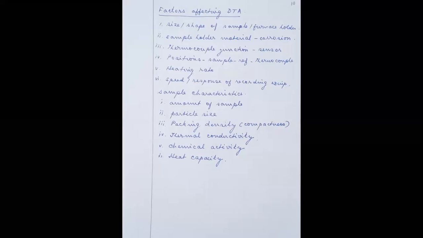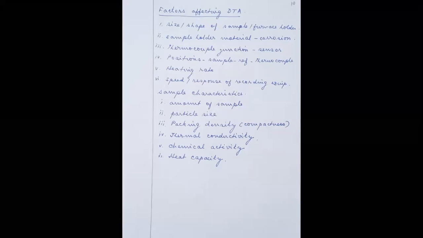At the rise of the temperature, even the pan itself will undergo corrosion, and the corrosion itself is an oxidation. So what will happen? Some oxidative reaction will give you an exothermic temperature. Then that will interfere into the temperature of the sample or the reference sample. So that will affect your entire graph.